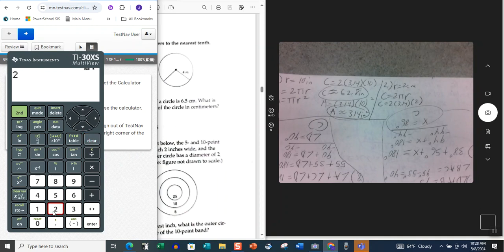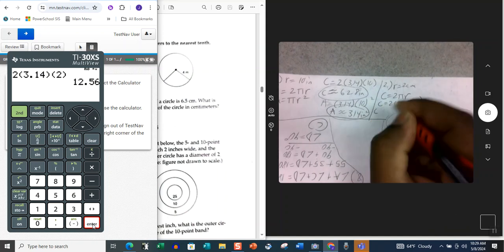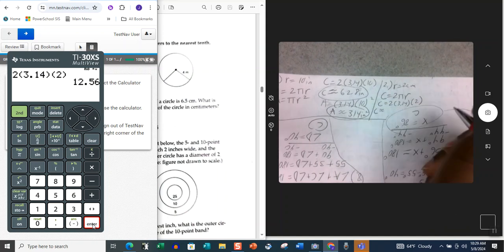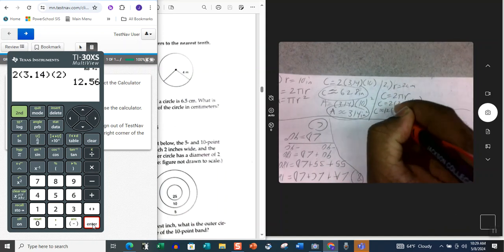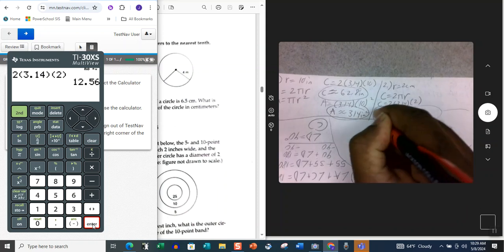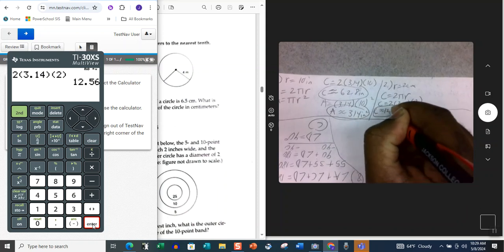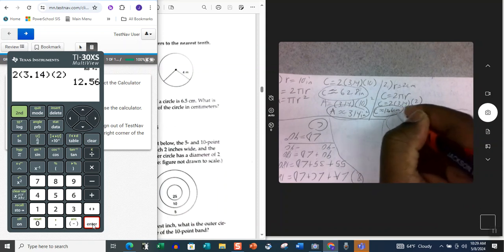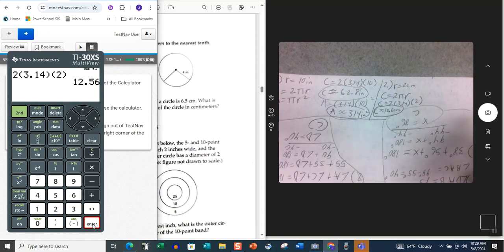We have 2 times 3.14 times 2. Press enter, and we have 12.56, but remember, we want to round it to the nearest tenth, so it'll be 12.6 centimeters. So that is our circumference.